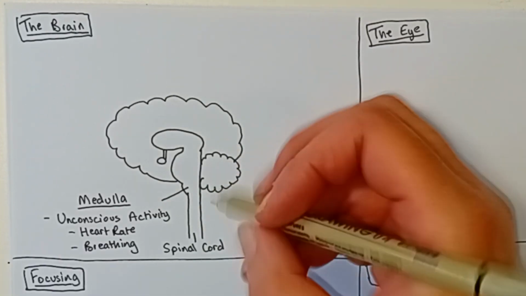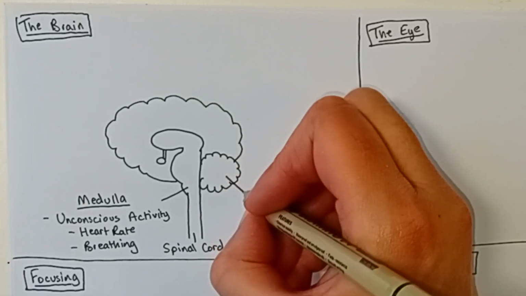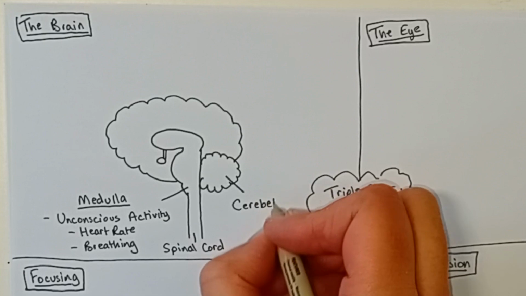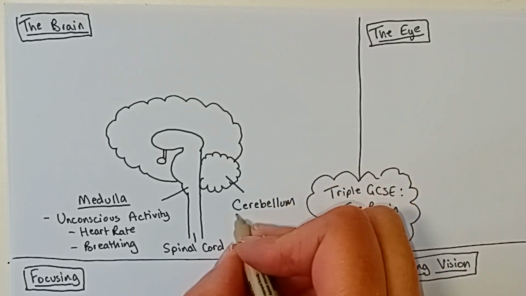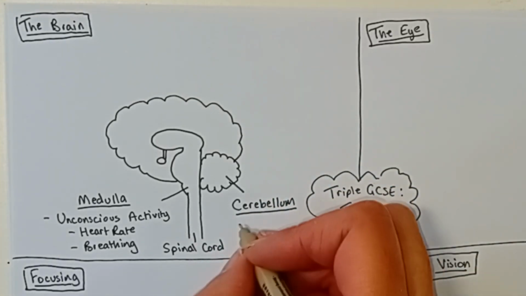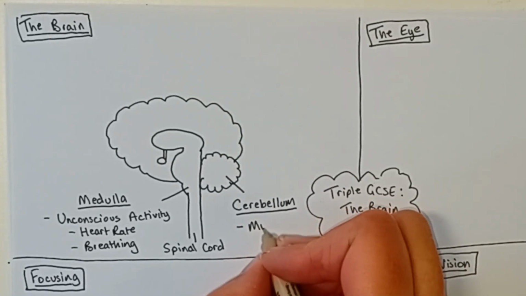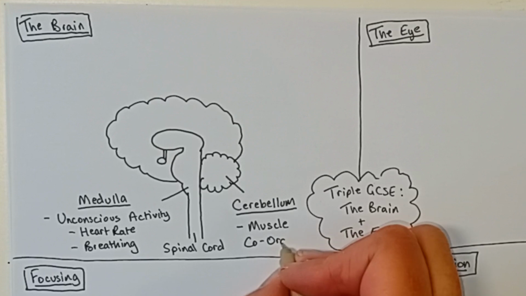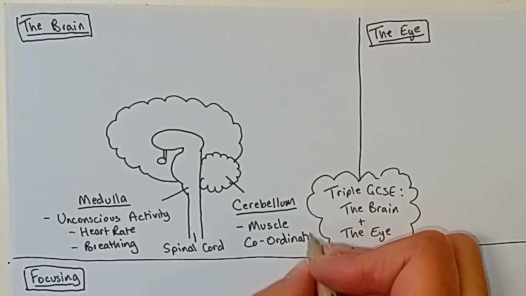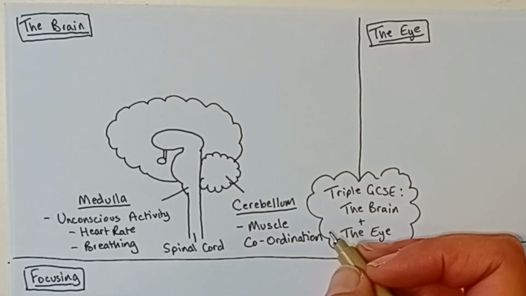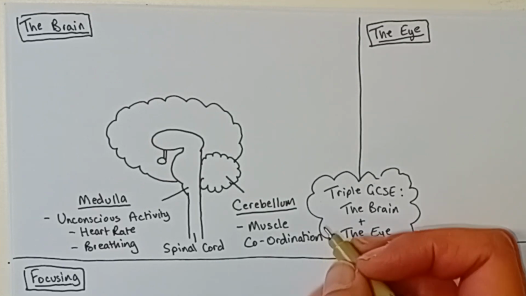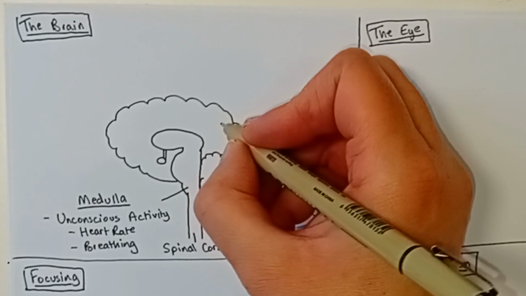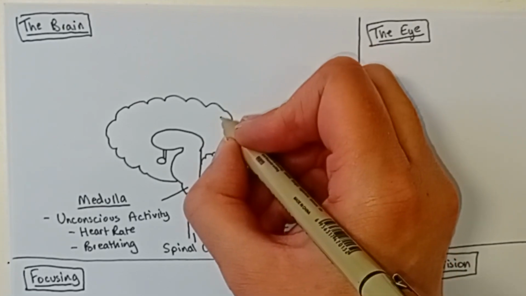At the back of the base of the brain then, we've got this small body called the cerebellum. And the cerebellum is to do with muscle coordination. The largest part of the brain then, certainly in humans, is called the cerebral cortex.